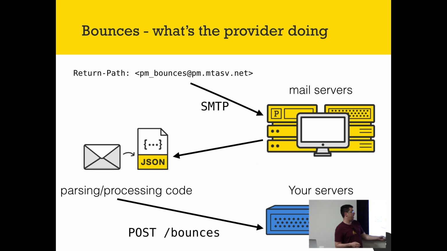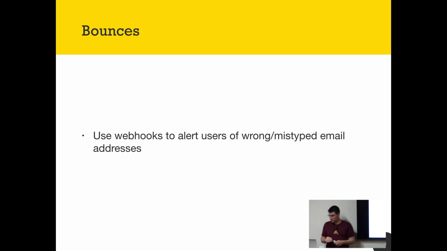Postmark has mail servers at our address collecting all the emails coming in, which is the bounce information. We process them, and instead of you having to deal with parsing the email parts and finding out what's wrong with it, we send a webhook to your servers with the JSON body of the bounce and all its parts broken up.